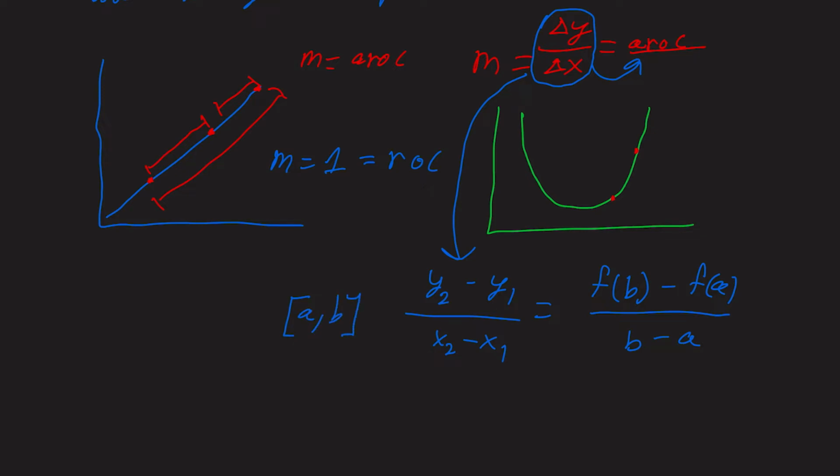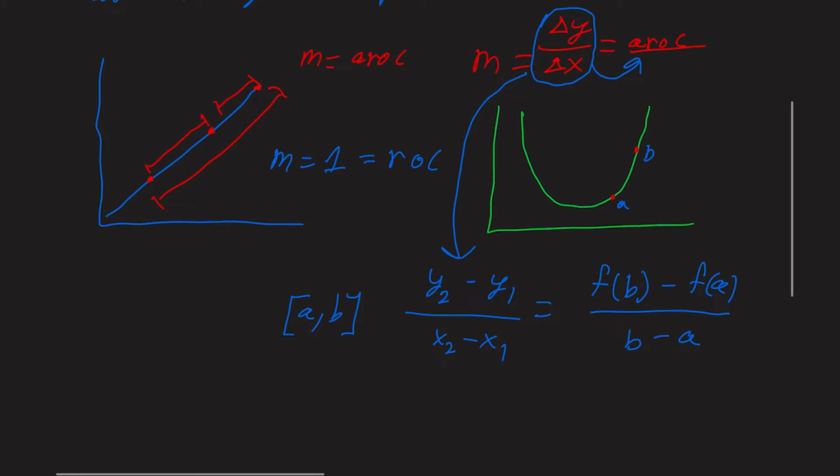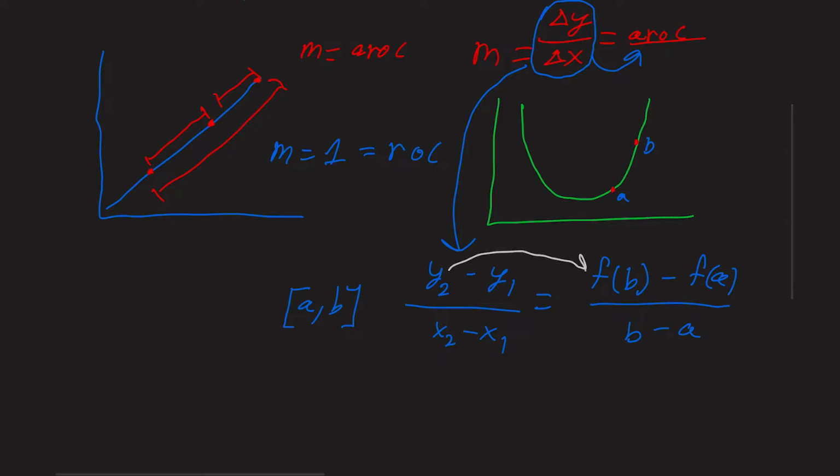Let's just continue using this parabola as an example. This is point A, and this is going to be point B, okay? So that means B is our second point, which is why it is present here. Y2 is the second point, x2 is the second point. And so now this formula is all we're going to need to evaluate our average rate of change.